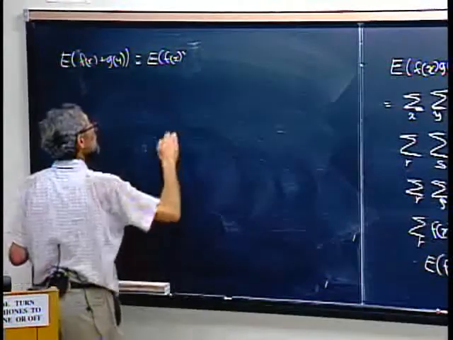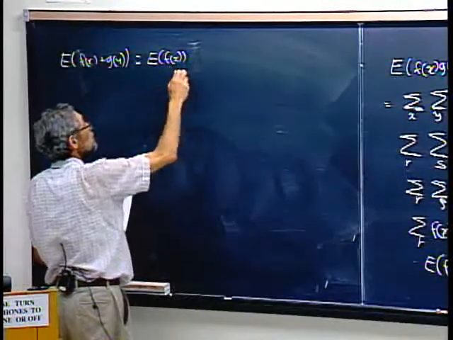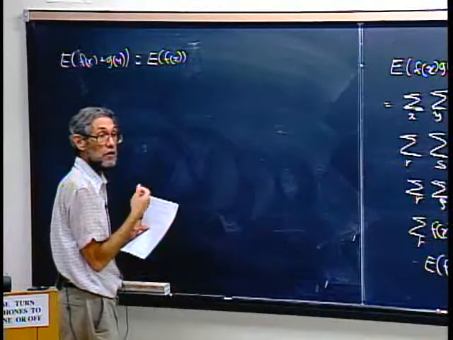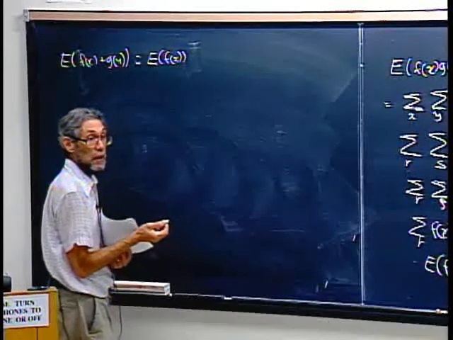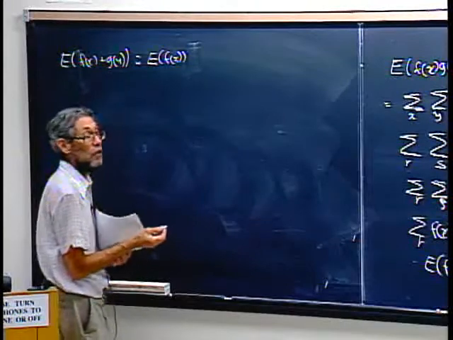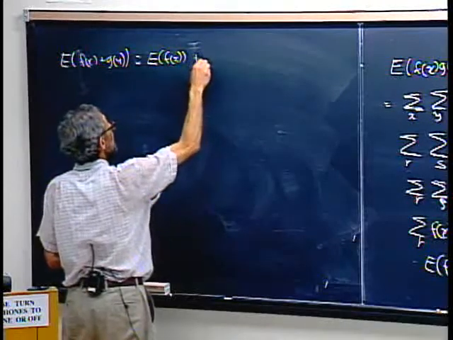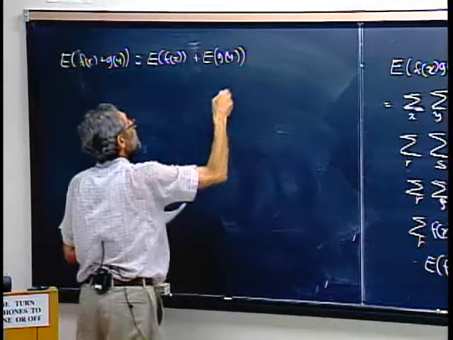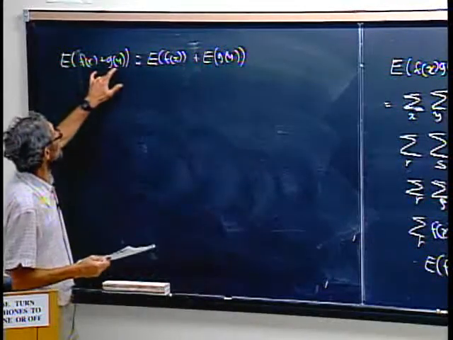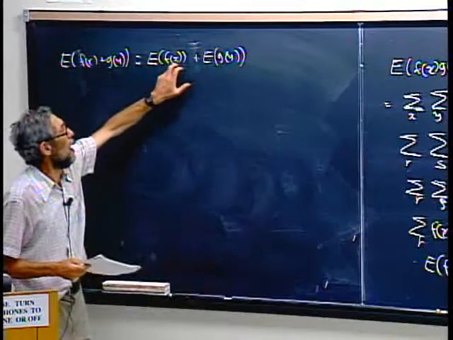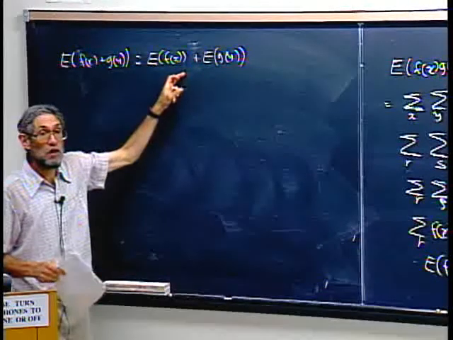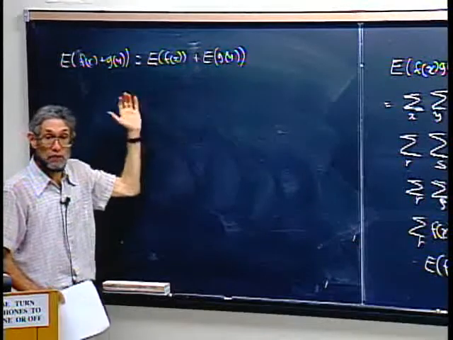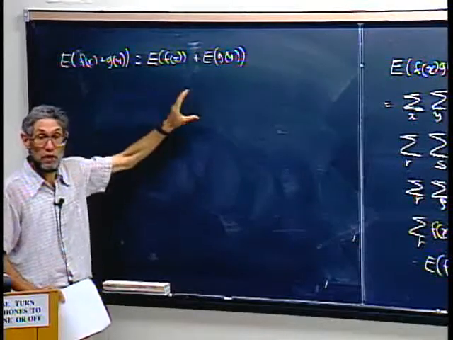So it's a little different. I think last time I had functions of the same variable. Now I'm talking about functions of two variables. So in addition to changing the situation to talk about continuous variables, I'm also using two different random variables. And my claim is I can prove this fact whether or not these are independent. I don't need the independence to get this fact. I'm only going to need it to get the variances equal to the sum of the variances.